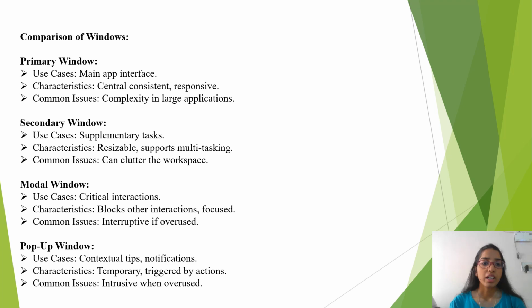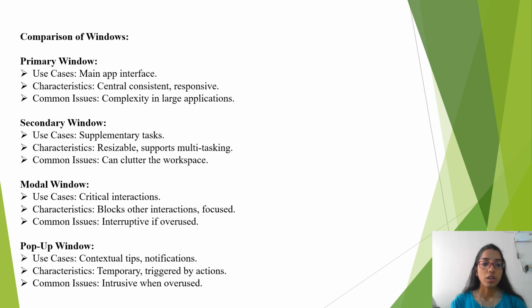Now, let's look into the comparison of the windows, that is primary window, secondary window, modal window and pop-up windows. Let's discuss their use cases, characteristics and common issues. First, primary window. The use case of this primary window is the main app interface, the characteristics are central, consistent, responsive, and common issues are complexity in large applications.